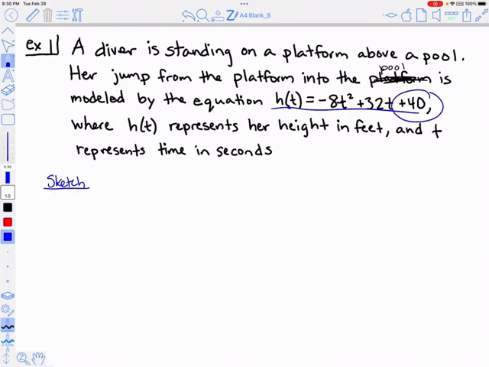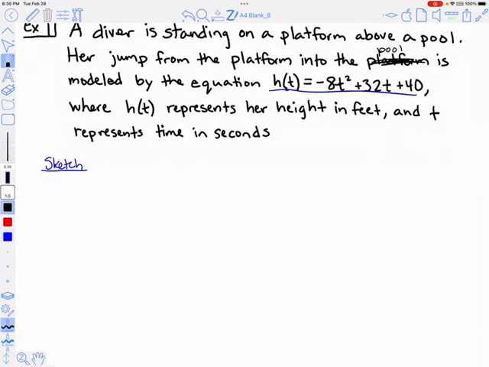So in terms of a sketch, all I would be looking for is labels for what our x and y axis represent. And note that I am just doing a quadrant 1 graph. I'm going to say that's just h.